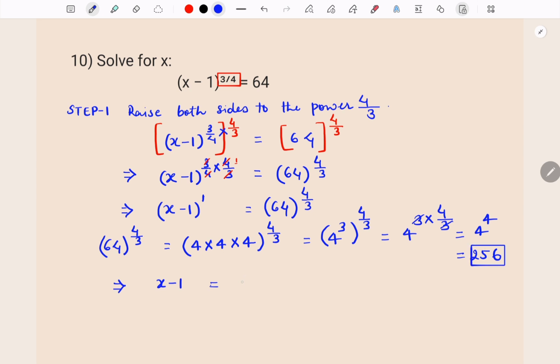So at the right hand side, I can write 256. Solving for x will give 256 plus 1, and that is 257. So 257 would be the solution of this equation.